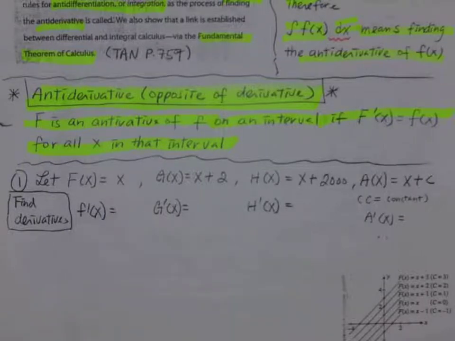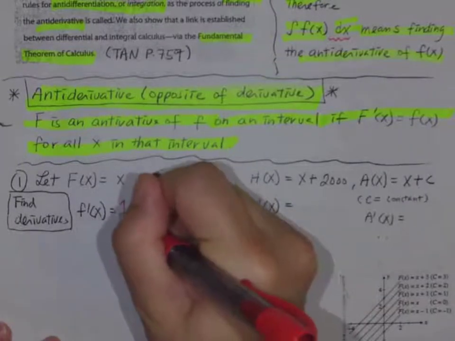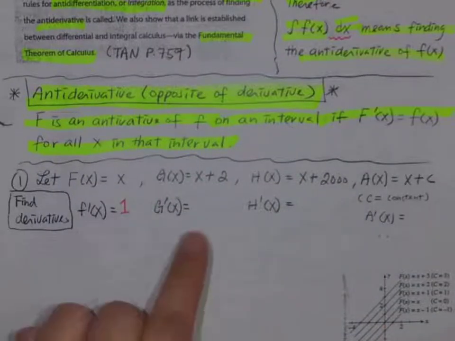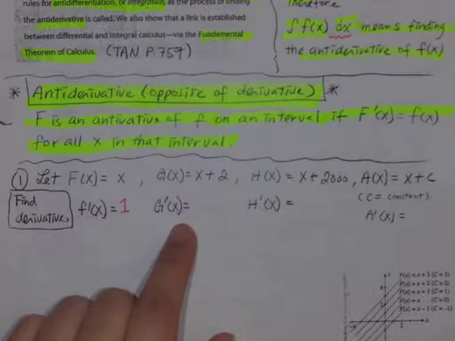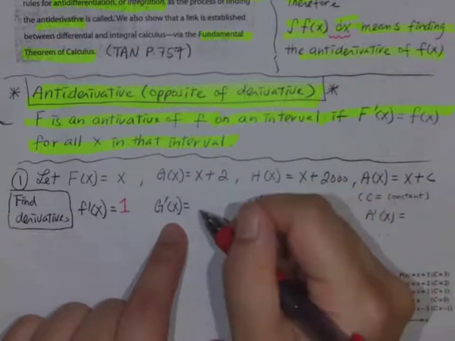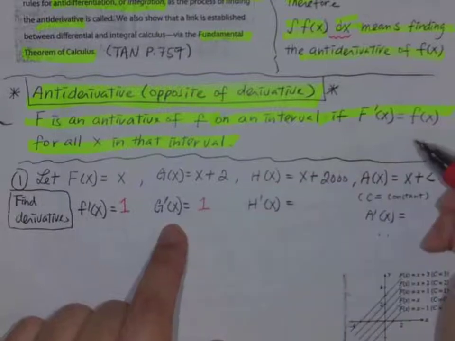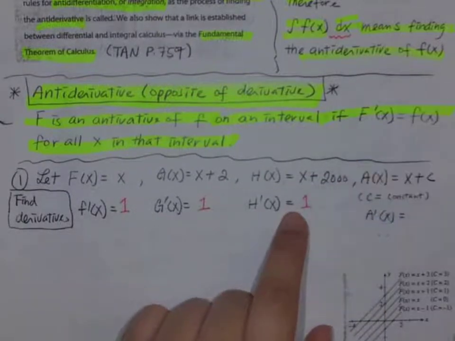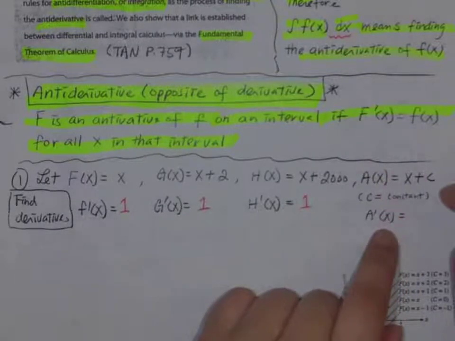So the x is gone, the coefficient stays. And the second function, x plus 2: when you take g prime of x, it's still going to be 1. And for this one, 1 again, because the 2 doesn't turn into 0 but disappears. And the last one, we still get 1.